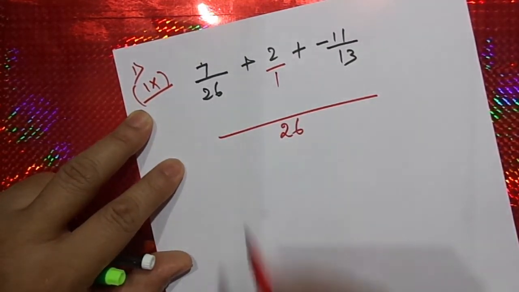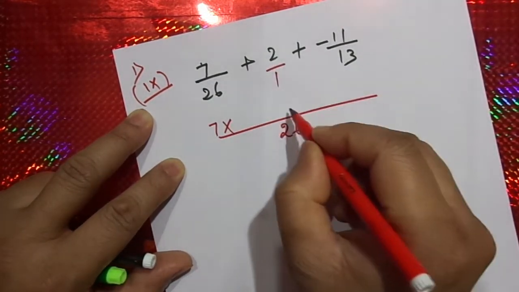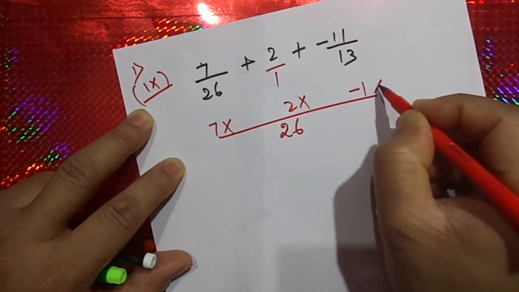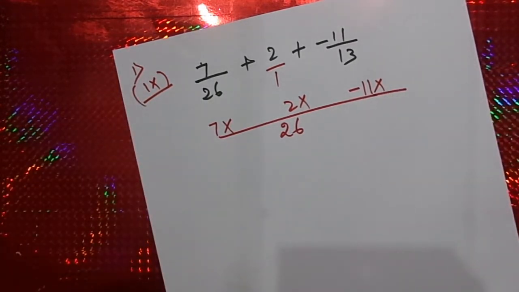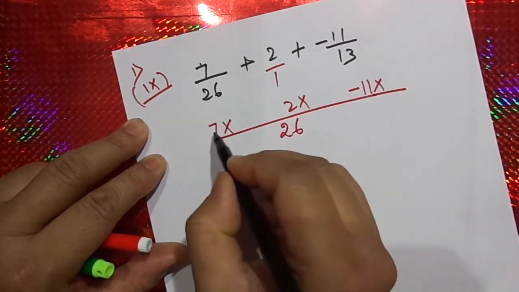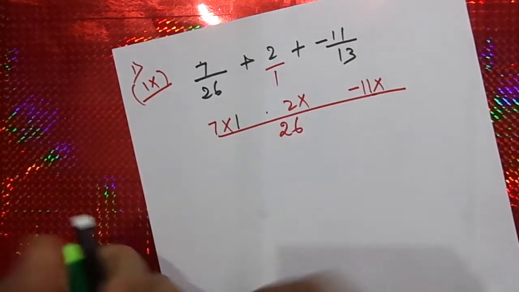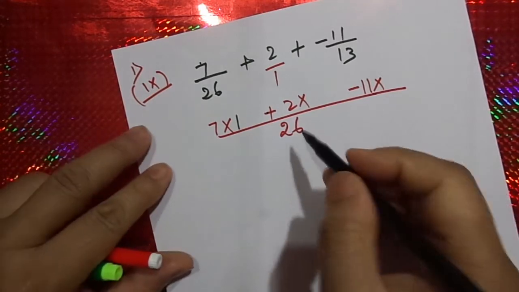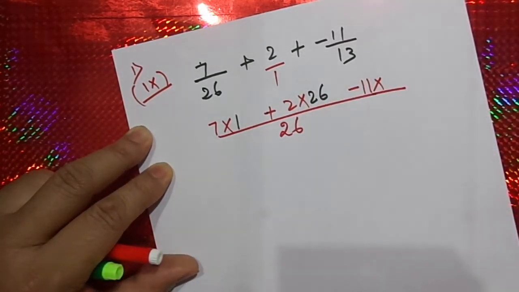Now the numerator 7 is multiplied by 26 divided by 26, which is equal to 1, so 7 into 1. Similarly, you have the numerator plus 2, isn't it? Plus 2 multiplied by 26 divided by 1, which is equal to 26.